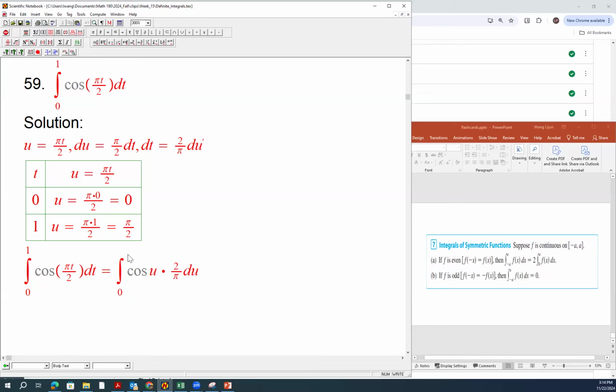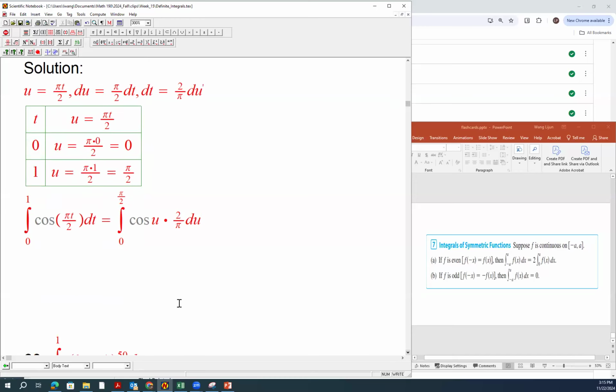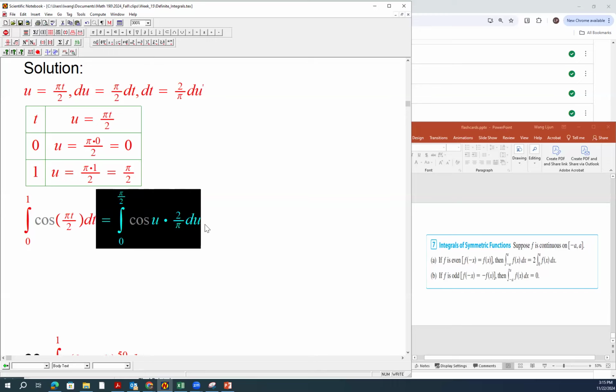When t equals 1, u equals pi over 2. Okay, so that's the substitution. You can see that in comparison with indefinite integrals, we have an extra layer of substitution. All right, so now we can continue.